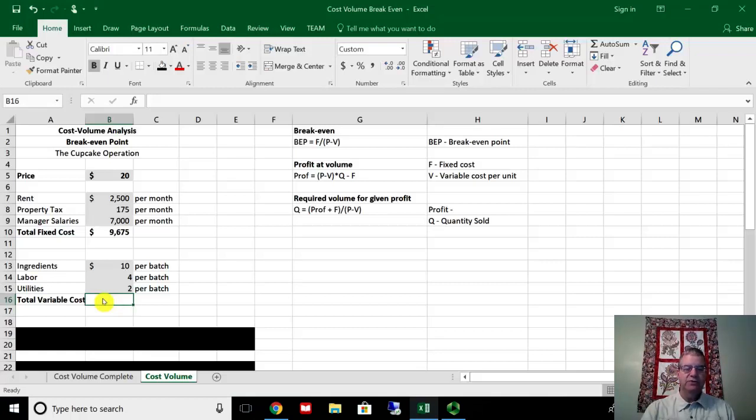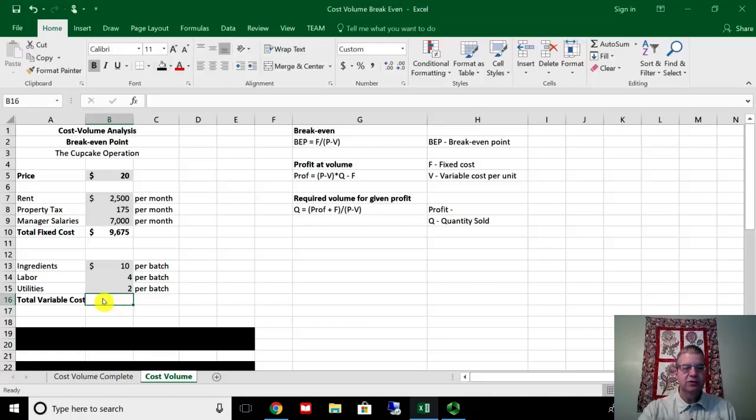If we make 1 batch of cupcakes, it's $10 worth of ingredients. If we make 2 batches, it doubles, it's $20. If we make 3 batches, it's $30 worth of ingredients. So these variable costs depend on how many batches or how much volume you actually do. And it's linear, meaning if I make twice as many cupcakes, I have twice as much variable cost.